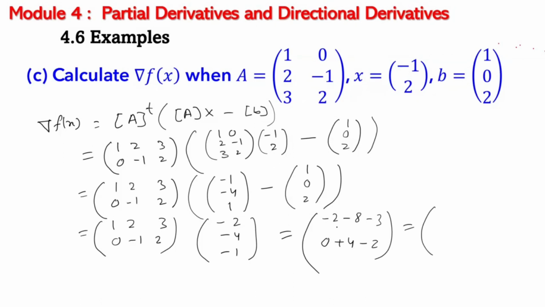This is equal to minus 13 and 2. So the gradient of f at the point x is equal to minus 13, 2. Therefore, gradient of f at minus 1, 2 is equal to minus 13, 2.